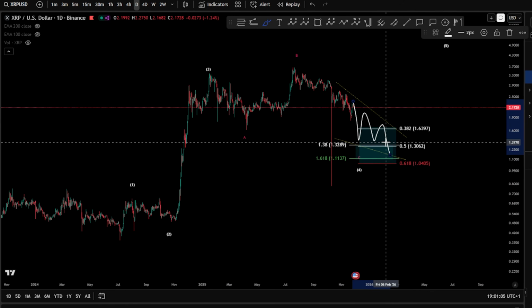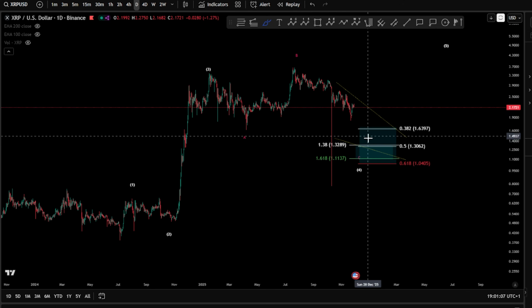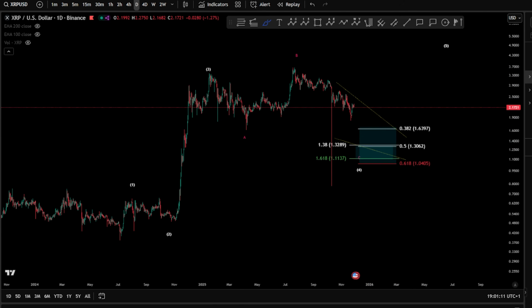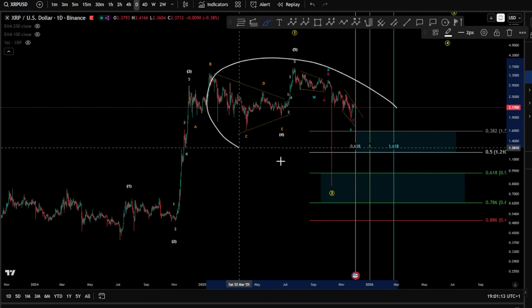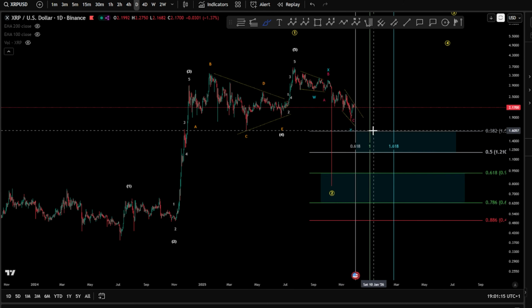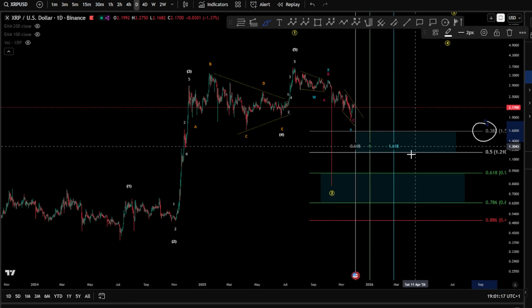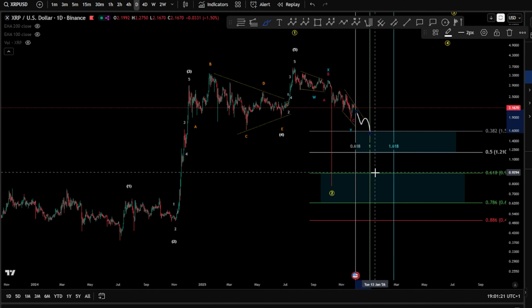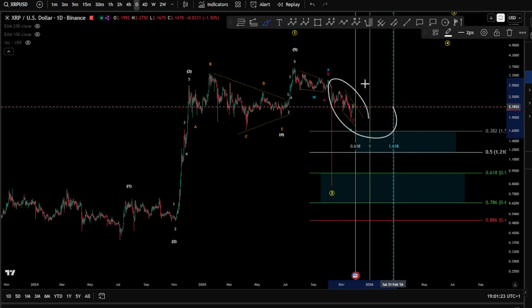However, both work with the same thing at the end. You need to finish the structure within the time and so on, but I still believe that this one is much more suitable, especially as we dive deeper and we are aiming probably here for the 0.38, very likely for this scenario for XRP.